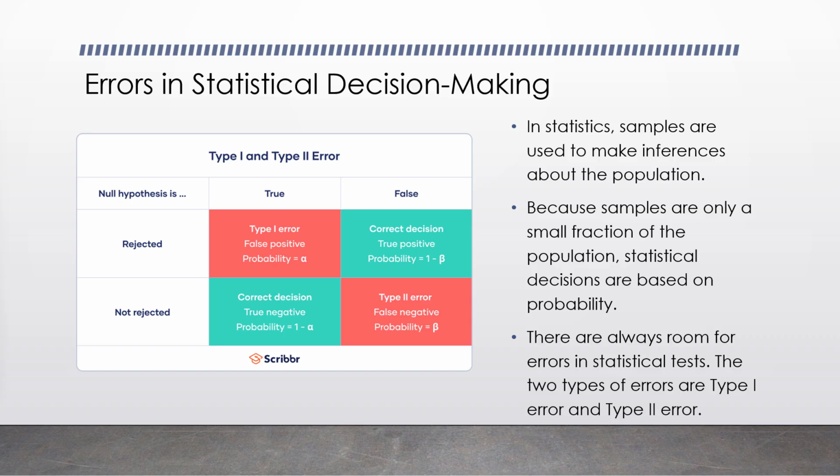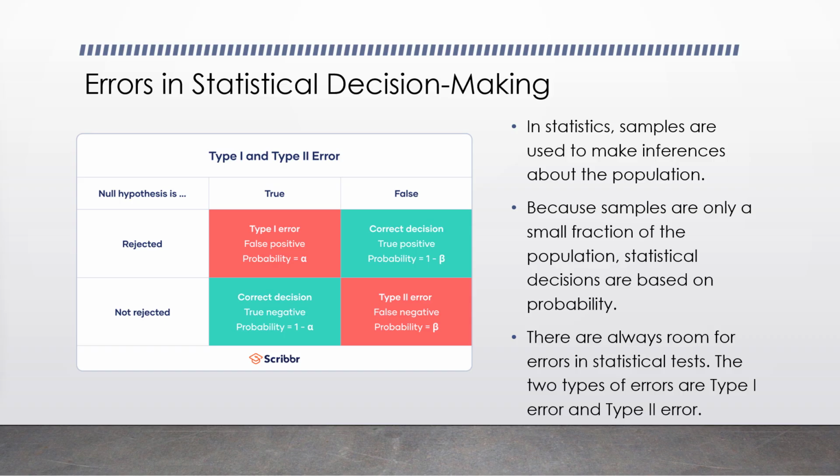Now, if the null hypothesis is false and the evidence leads us to reject it, that is another correct decision. The probability of this true positive outcome is 1 minus beta. Here, beta is the probability of failing to reject a false null hypothesis, and this mistake is called a type 2 error.